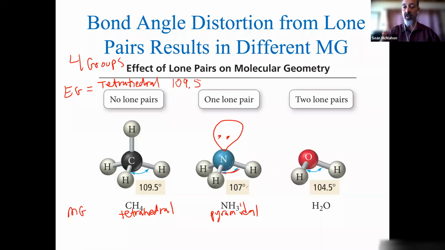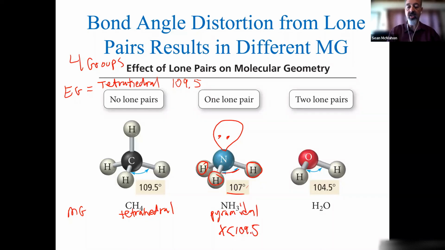So a pyramidal molecular geometry, even though it has 4 groups, what are the 4 groups? 1, 2, 3 hydrogen atoms and 1 lone pair. Its angle, and this is only for ammonia, so not all pyramidal molecules have a bond angle of 107, but what I do want you to know is that it's less than 109.5.